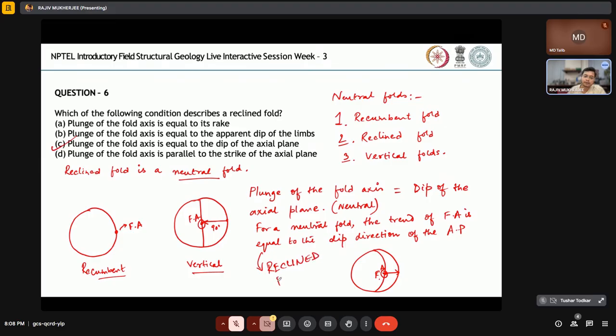So this is the general definition for a neutral fold, and specifically talking about a reclined fold, you also need to mention that the trend of the fold axis and the dip direction of the axial plane are also the same, and that is how we should get the definition of a reclined fold. So option C is the correct answer.